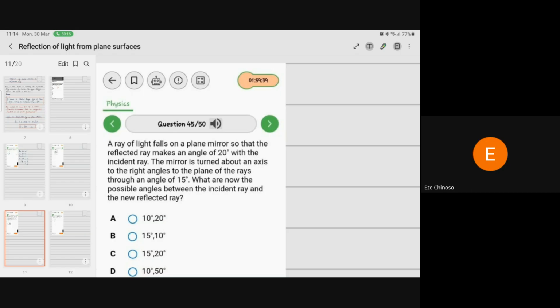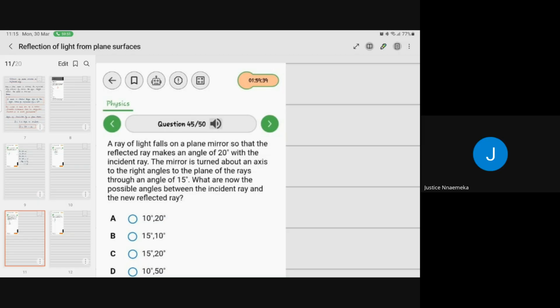I chose C because you said before that the incident angle is equal to the angle of the ray reflected. So at the first place, when it was 20, then the reflected angle should also be 20. No, remember, they said that the reflection makes an angle of 20 degrees with the incident ray. That's what they said.